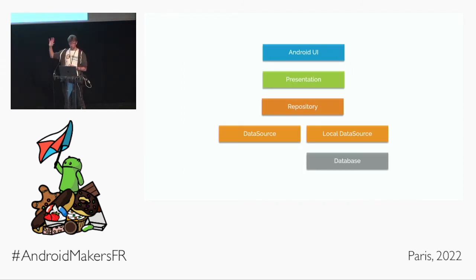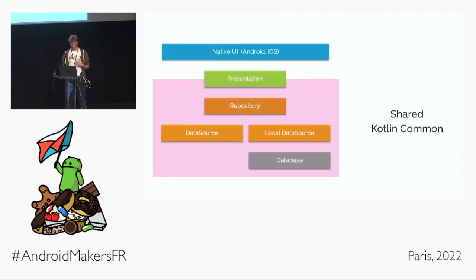On our super shiny Android application, you can begin to think about using all the native UI and then having the presentation layer and all the other components. And what multiplatform can finally offer is that you will reuse all your common Kotlin code directly for Android and iOS.